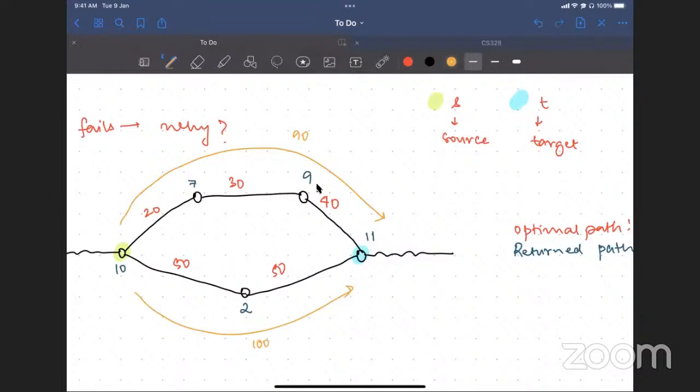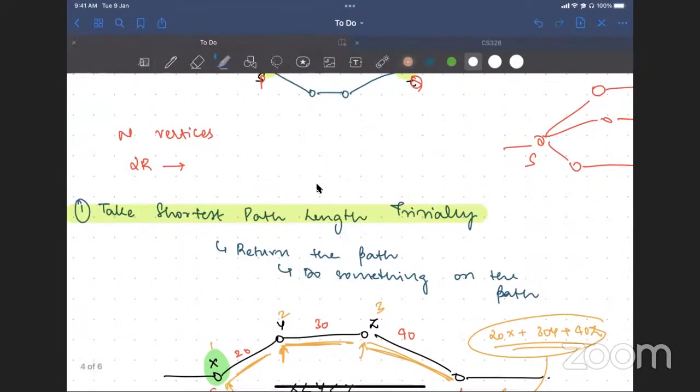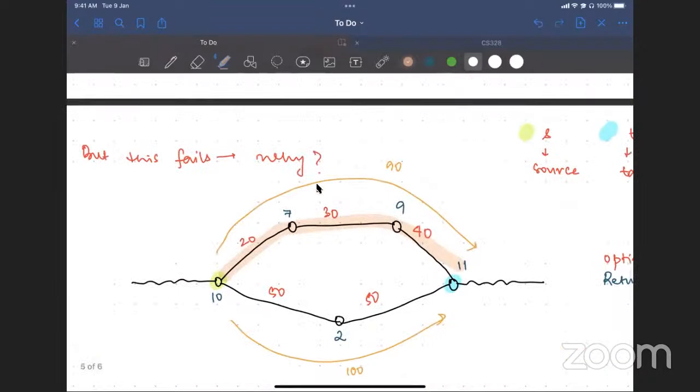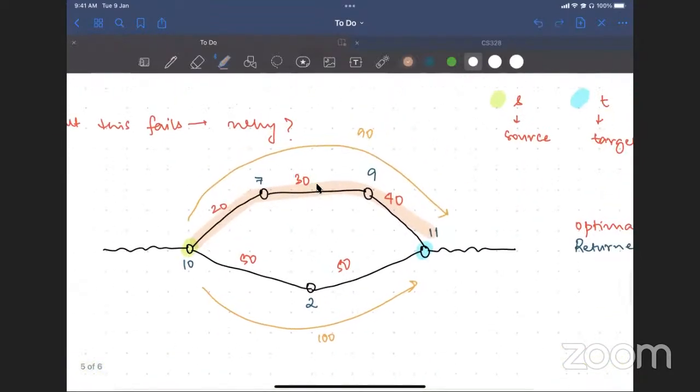So Dijkstra will return this as the shortest path. Notice my algorithm was basically: take the shortest path, return the path, and do something on the path. Even if I try to get the lowest cost on this path, it would be 690.